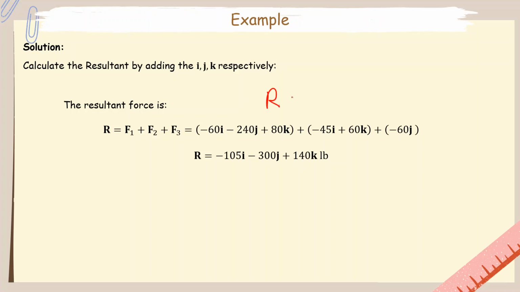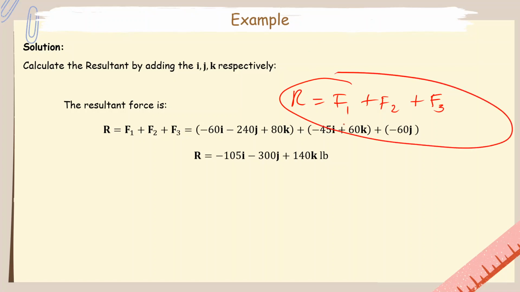From the previous slide, resultant is equal to F1 plus F2 plus F3. So, naka-vector form yan lahat. So, i-add lang natin respectively ang I, combine J, and then combine K. So, therefore, the resultant now is negative 105I minus 300J plus 140K.